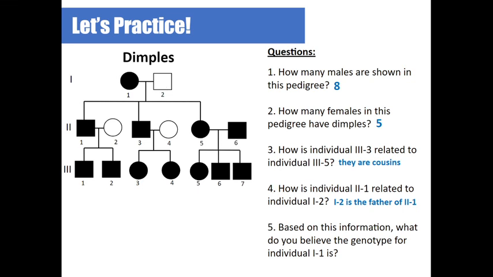Based off this information, what do you believe the genotype for individual 1 is? Well, it's a circle and it's shaded in, so it's going to be capital D for dimples. We know that she's got dimples.